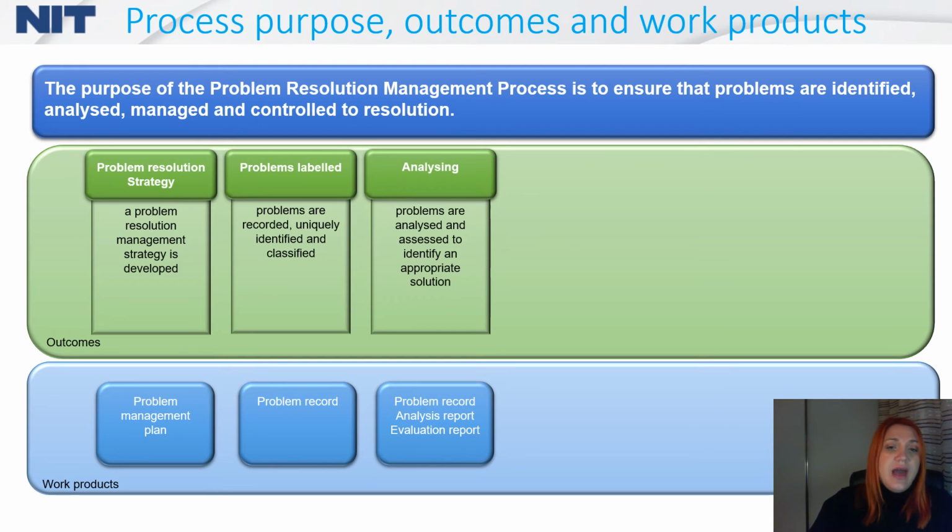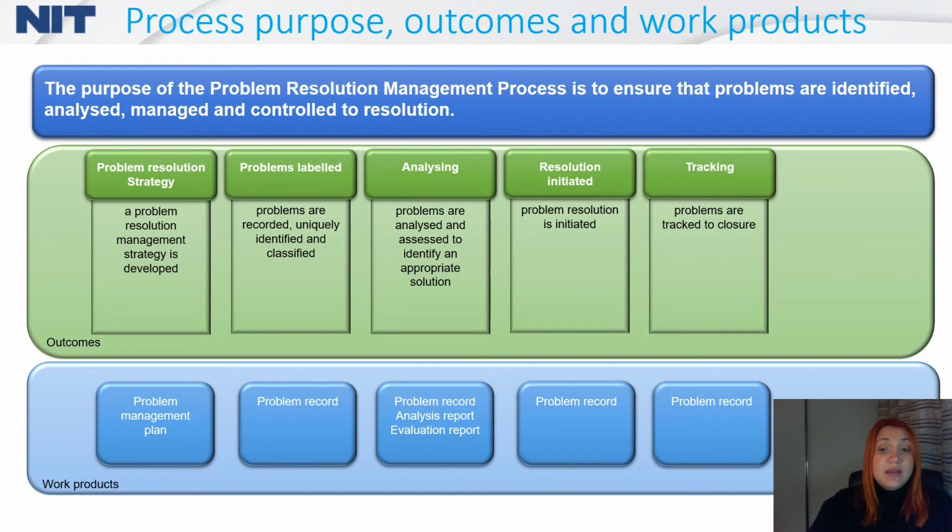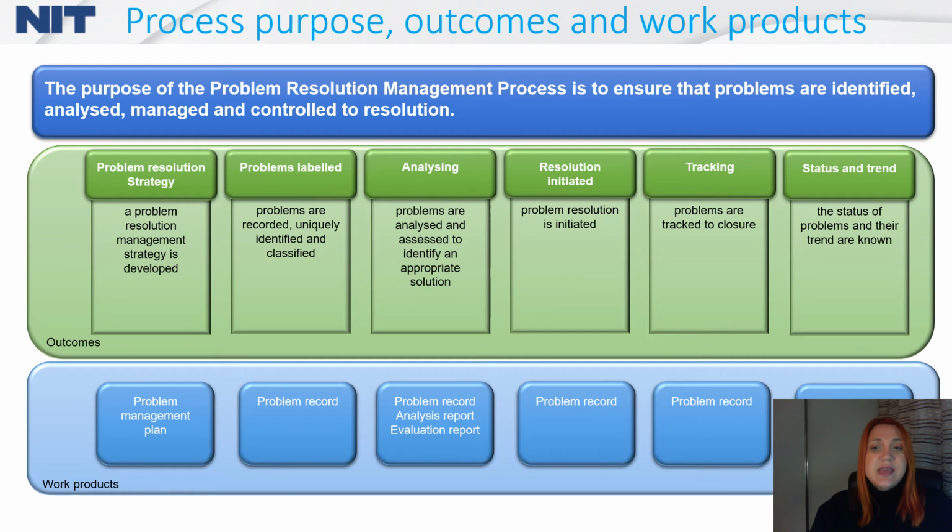Then you need to analyze all kinds of problems which are coming in your system. And it means that you need to find and identify the appropriate solution. Then you need to start problem resolution, and for that you will need a problem record for sure. You need to track the problems to closure, and you need to have the status and trend for problems which are already known on the project.